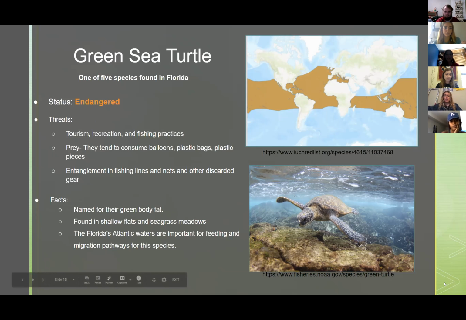Some facts are that they are named for their green body fat, and they are found in shallow flats and seagrass meadows. Also, Florida's Atlantic waters are important for feeding and migration pathways for this species.